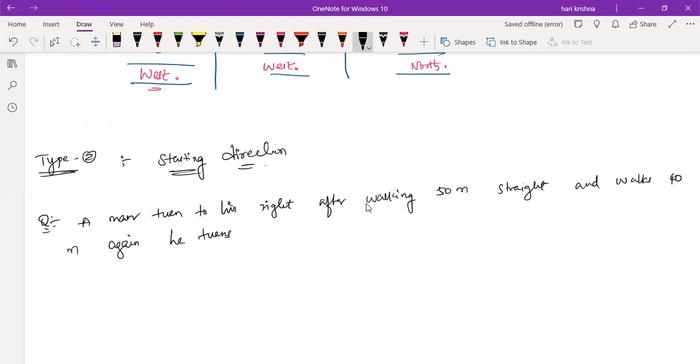He turns to his right and walks 50 meters.